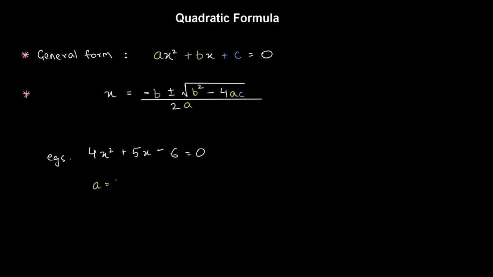So a is equal to 4. The coefficient of x is 5, so b is equal to 5. And the constant term that we have is minus 6, mind you. So don't forget, you have to consider the signs. The value of c is minus 6. So c is equal to minus 6.